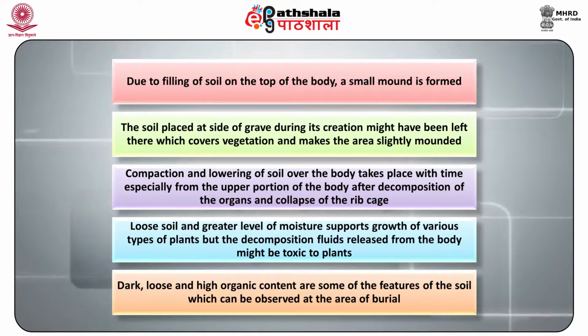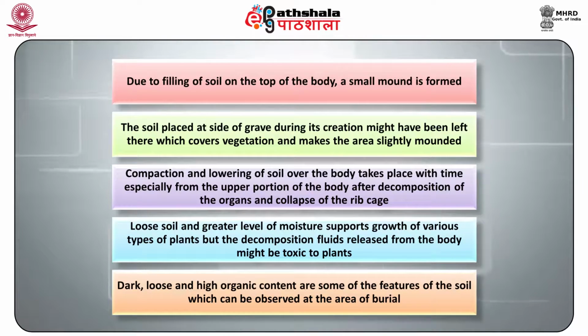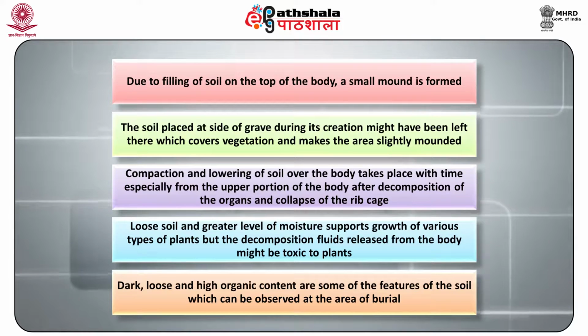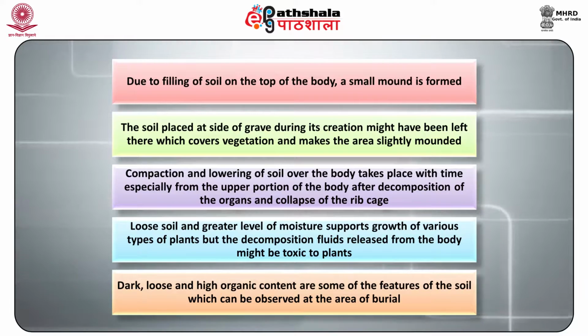The soil placed at the side of the grave during its creation might have been left there, which covers the vegetation and makes the area slightly mounded. Compaction and lowering of the soil over the body takes place with time, especially over the upper portion of the body, after decomposition of the organs and collapse of the rib cage.